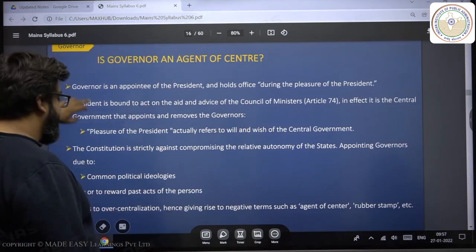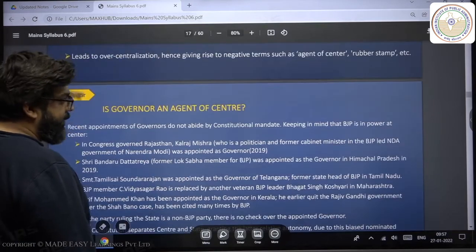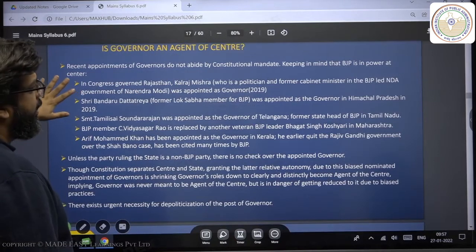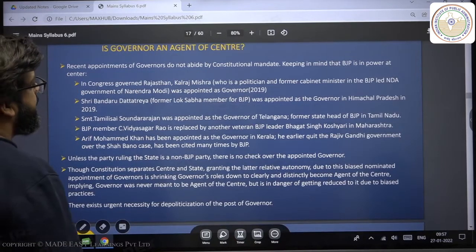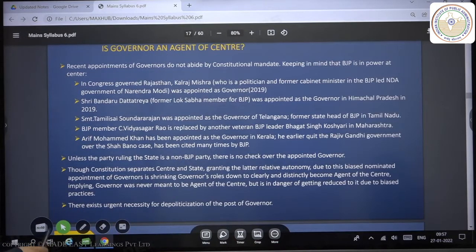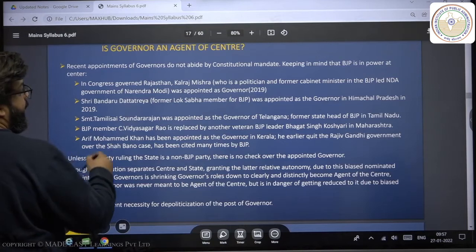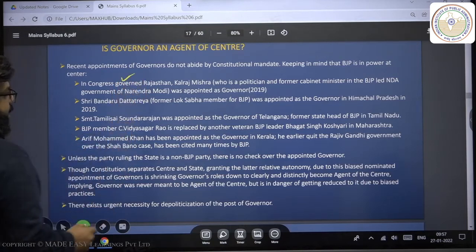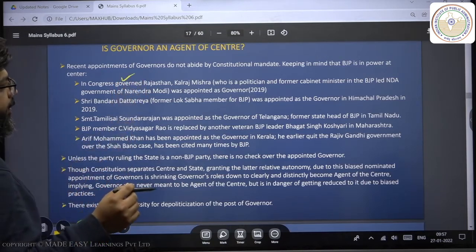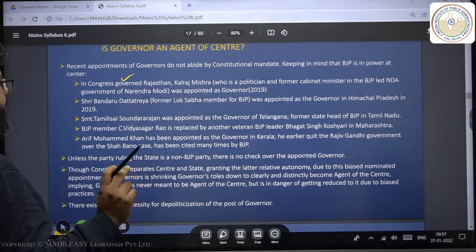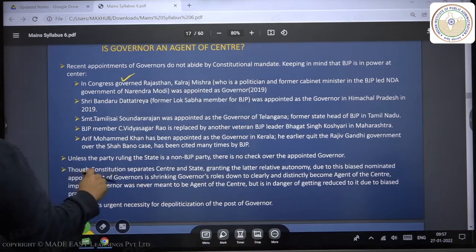Now, keeping this in mind, we must understand, is that the case? If you see, there are several recent instances where BJP is in power. Remember, if the BJP is in power, they will always send, say for example, in Congress governed Rajasthan, Kalraj Mishra, who's a politician, a former cabinet minister in the BJP, was appointed as a governor in 2019.